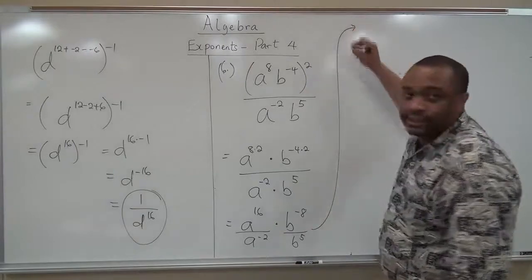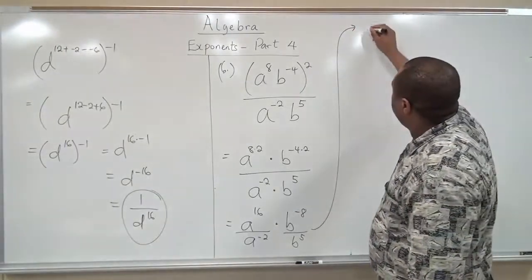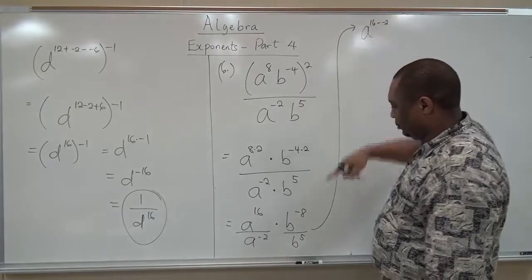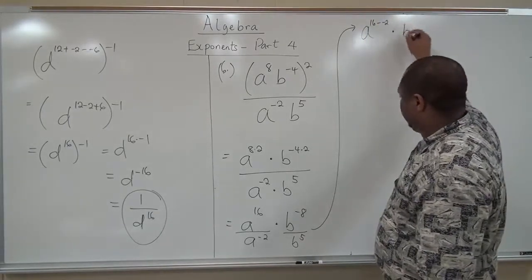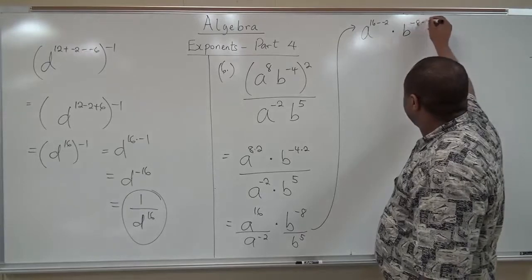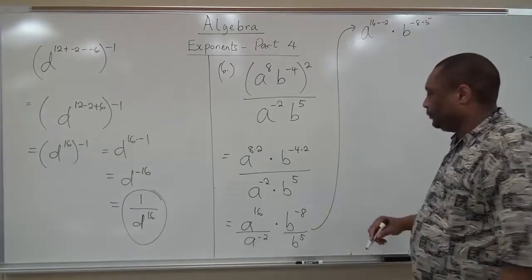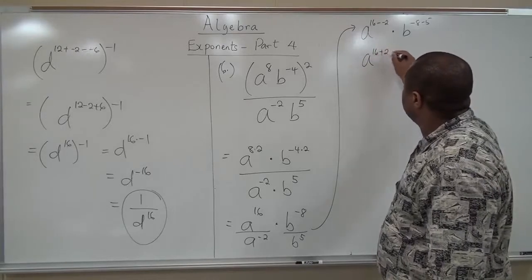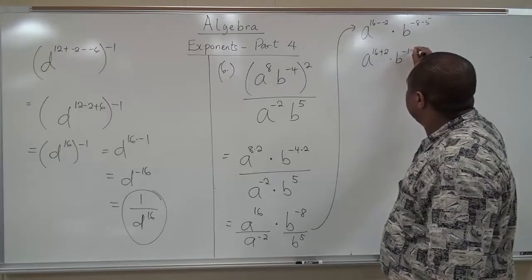This now gives us a 16 minus 2 times b -8 minus 5. And this will be a 16 plus 2 times b -13.